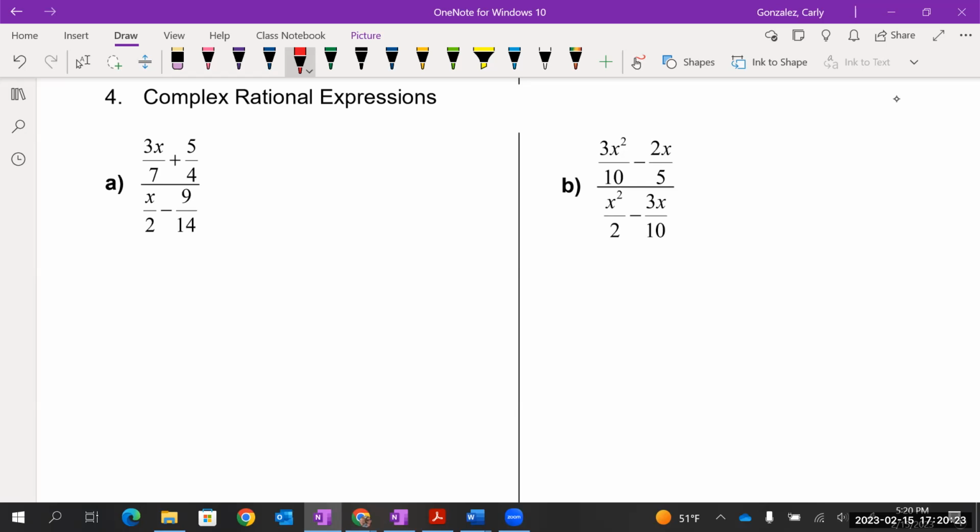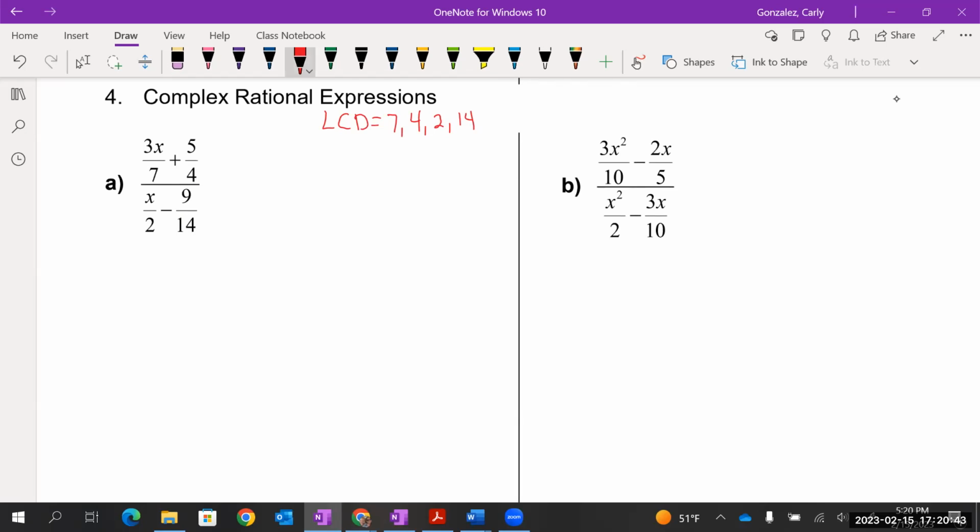What I need to do first is find the LCD of all of the inner denominators. So 7, 4, 2, and 14. Let's find the common denominator with all 4 of those numbers.